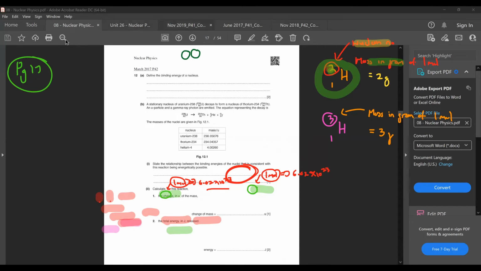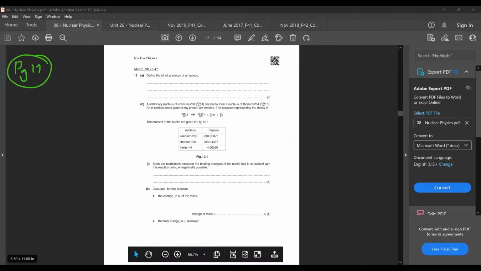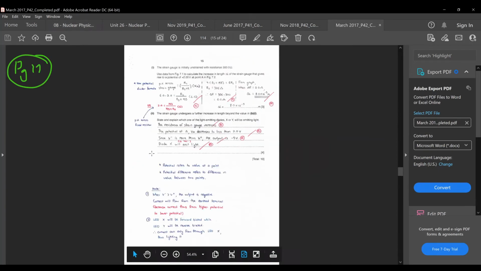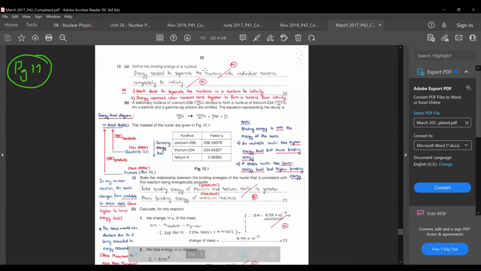Okay, let's have a look at page 17, your notes. Mark 17 key photo. The first question started off with: define what is meant by binding energy of a nucleus.